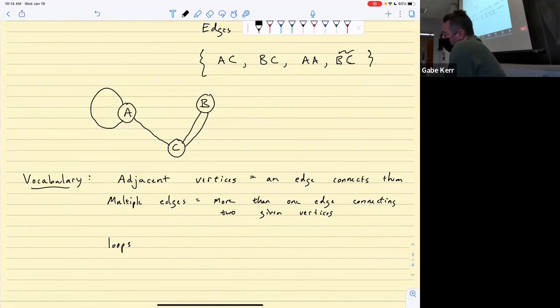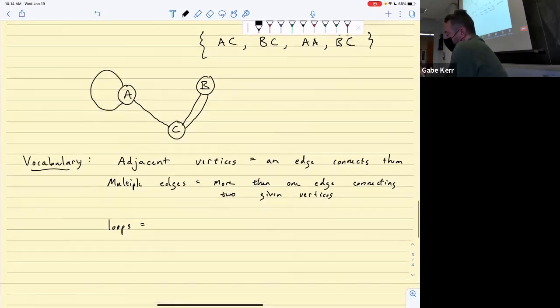But you want to know the difference between certain things. The language is fairly specific, and so we have to be a little bit careful. So a loop is an edge connecting a vertex to itself.